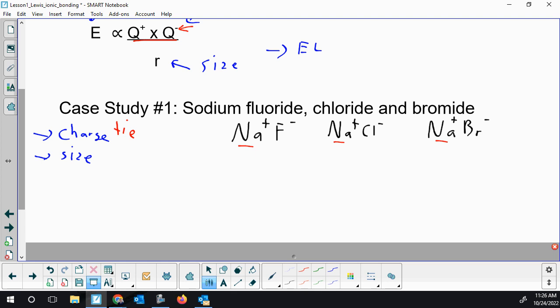And the ions have just become like their noble gases: neon, argon, krypton. So what's going on here? This is the smallest. Bromide would be the largest. Sodium to bromide would be much further apart, while sodium to fluoride would be much closer. And sodium chloride is in the middle.